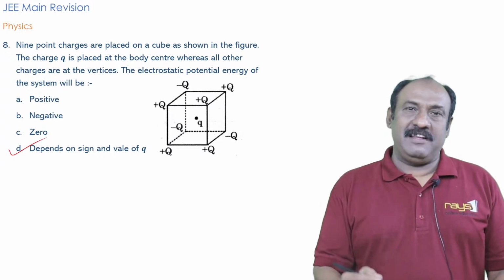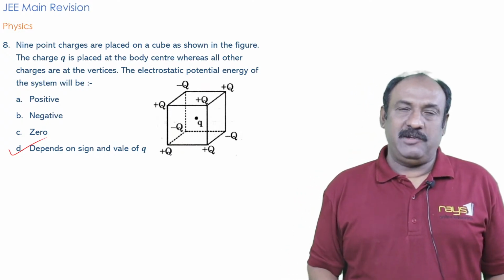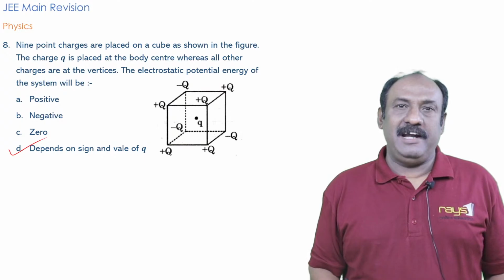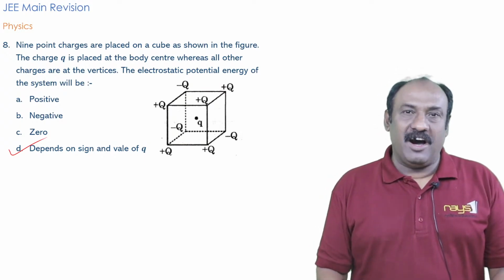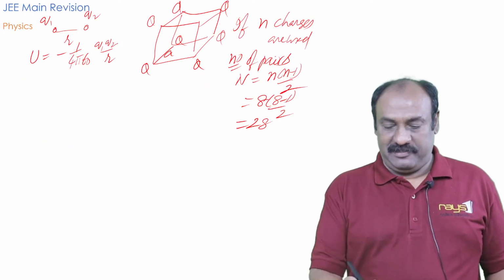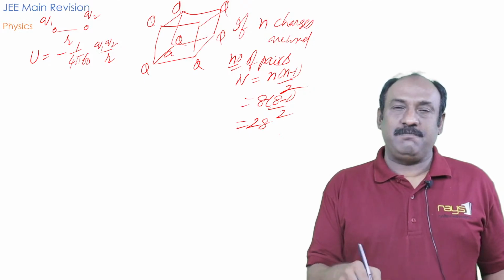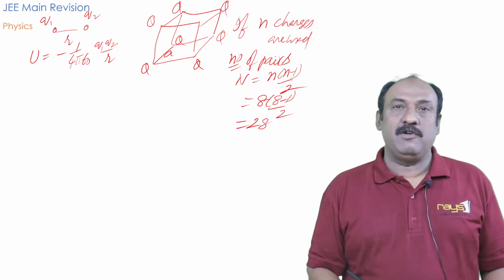If a question is framed with all positive charges, then to calculate the potential energy of the system of 8 charges placed at the 8 corners of a cube of side a, you have to use this relation. For 8 charges at the 8 corners, the number of pairs is 28.